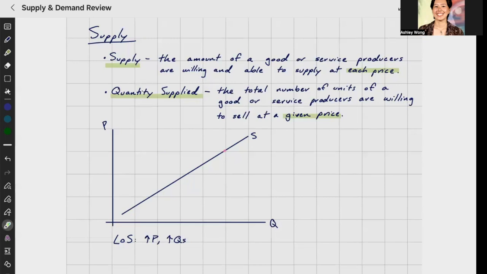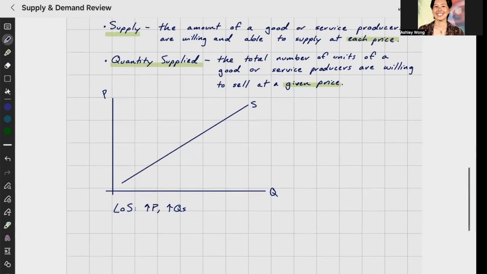So our quantity supplied will represent just an individual point somewhere along our supply curve. So to illustrate quantity supplied, let's say that our price was here at $4, and at a price of $4, the quantity supplied is given by this point, and our quantity supplied is, let's say, 6 units.